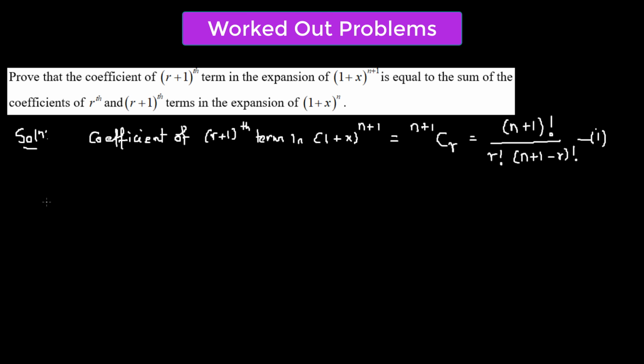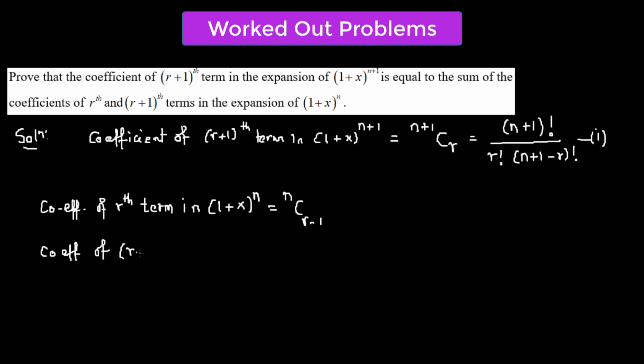Now the coefficient of the rth term in (1 plus x) raised to the power of n will be equal to nC(r-1), and the coefficient of r plus 1th term for the same binomial expression will be equal to nCr.